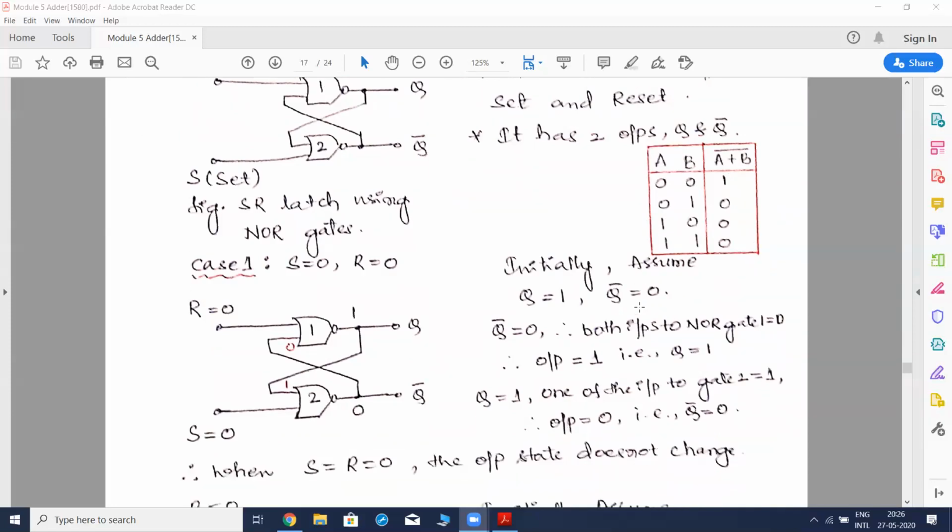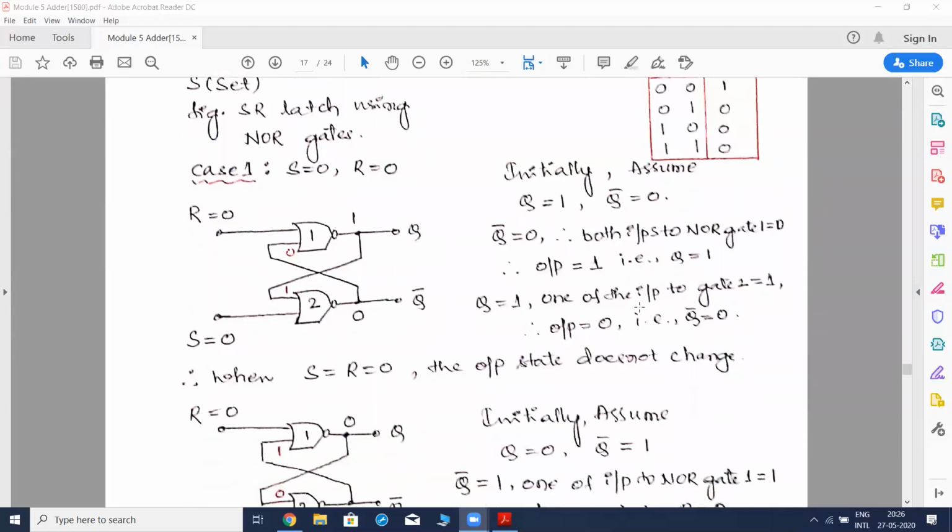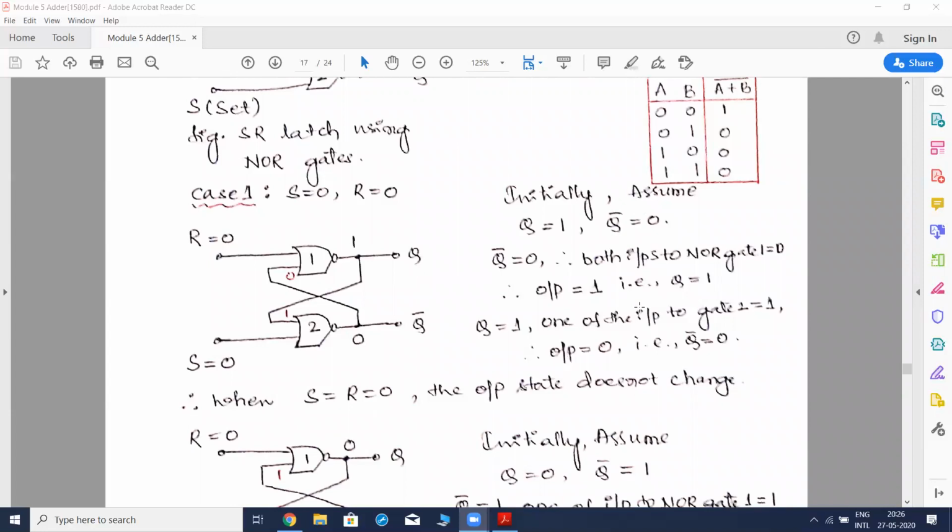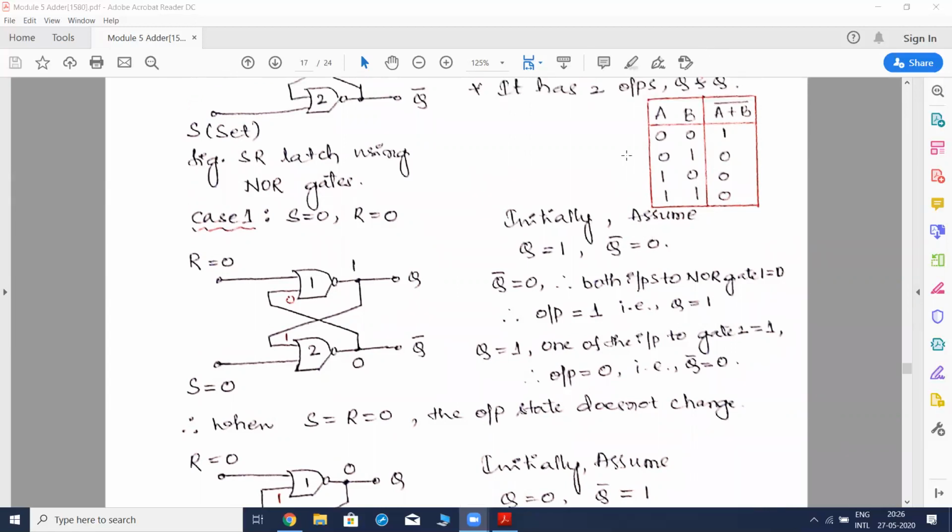In order to explain the working of this, first make sure that you know the NOR gate truth table properly.